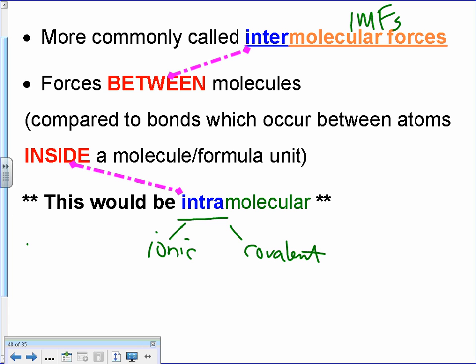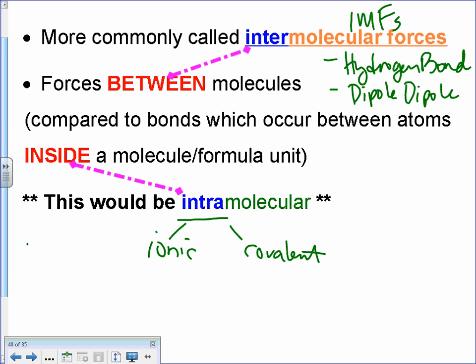They come in 3 varieties: hydrogen bonding, dipole-dipole, and London dispersion forces. I wrote this down last week with reading guide 8, and I have these all on the next slide too. So we're going to review those: HB, DD, and LDFs. Those are the forces we're really talking about.